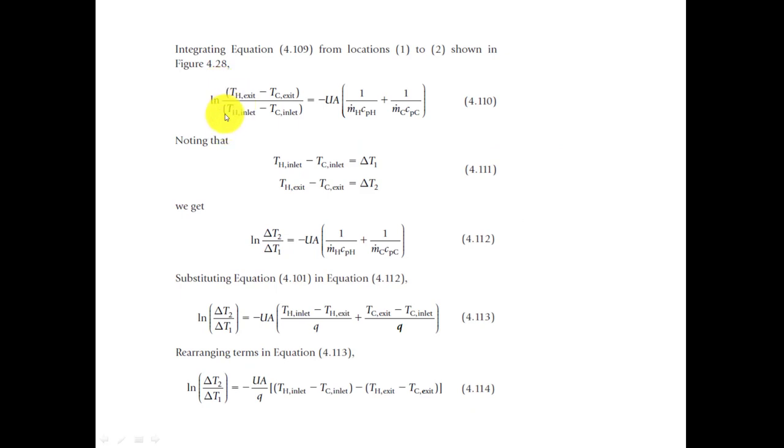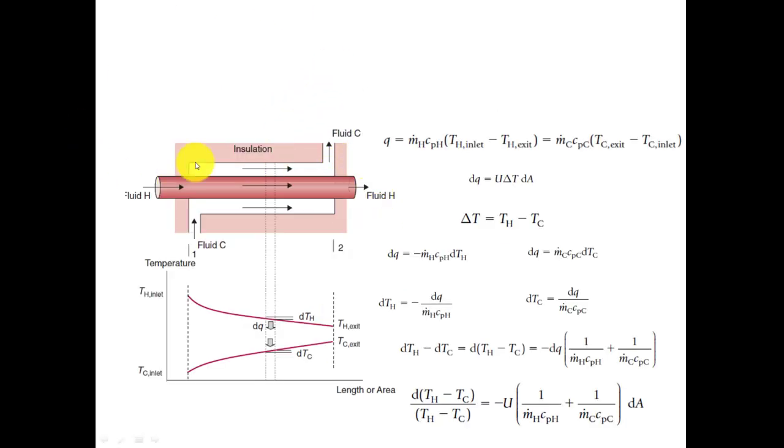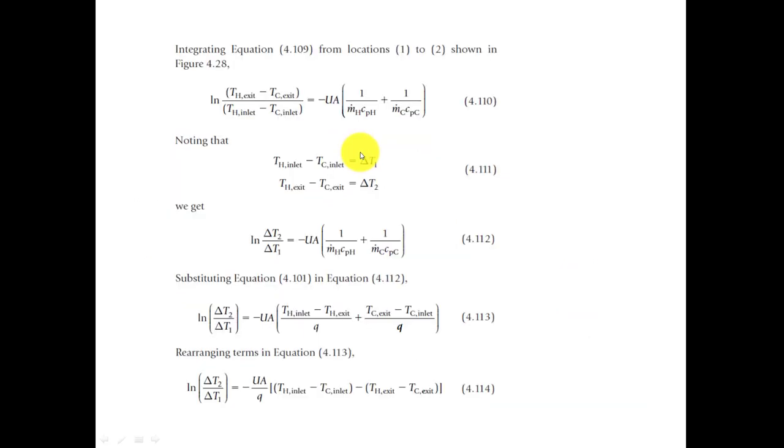If we integrate from position 1 to position 2, then at position 1 we have Th inlet and Tc inlet, and at position 2, Th exit minus Tc exit. At position 2, Th exit and Tc exit exist. Understand?